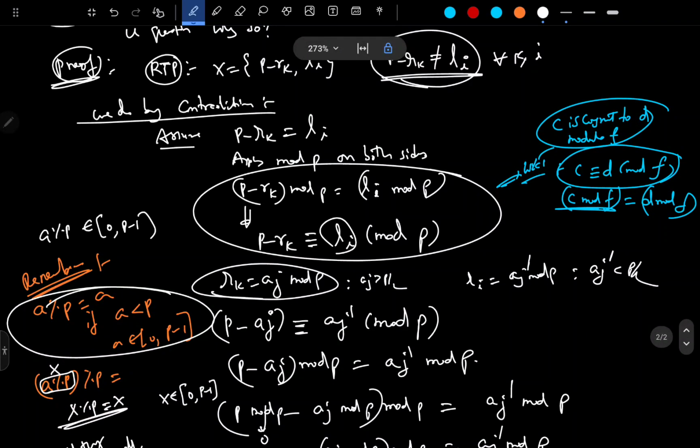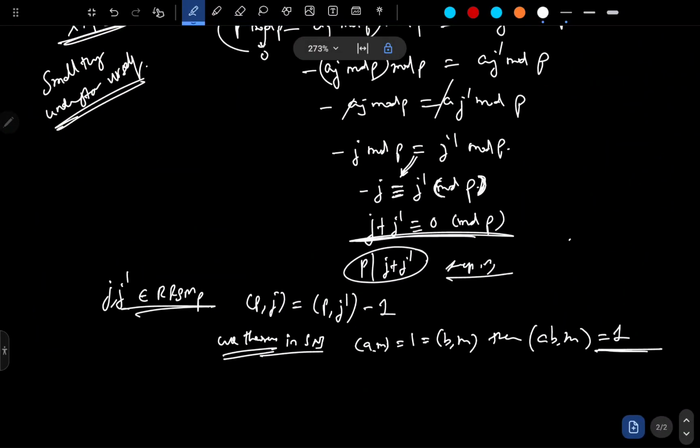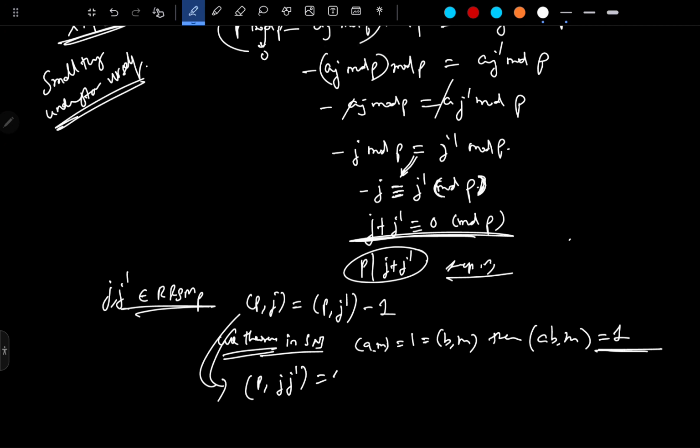So instead of J I have written J dash, just to distinguish. By that, what can we conclude? That P into J dash equals 1. Okay, happy.